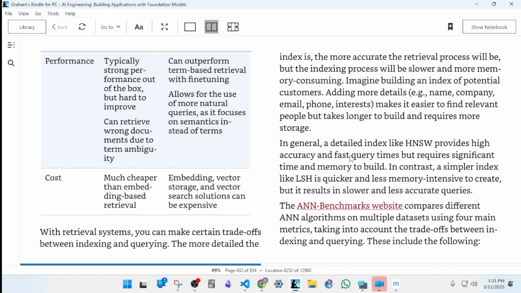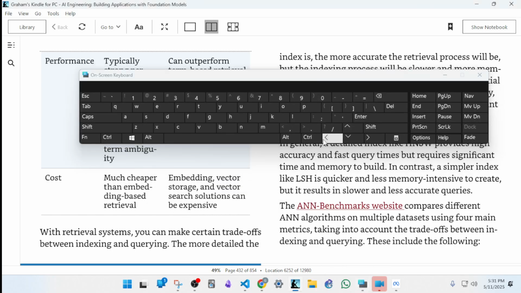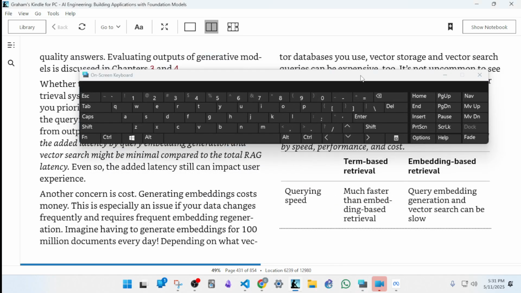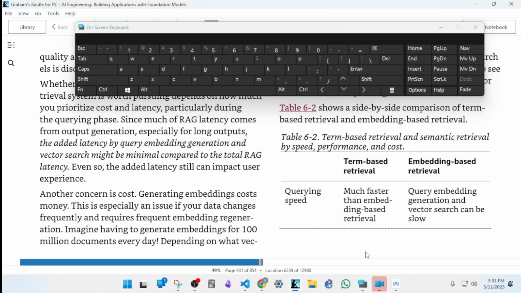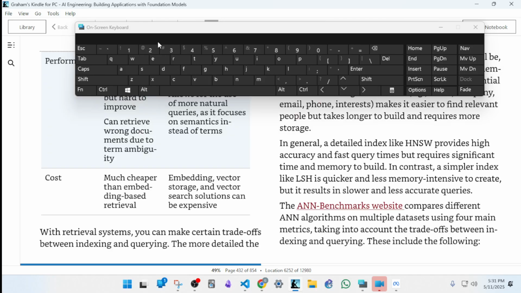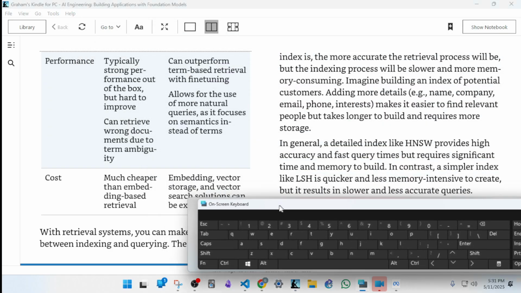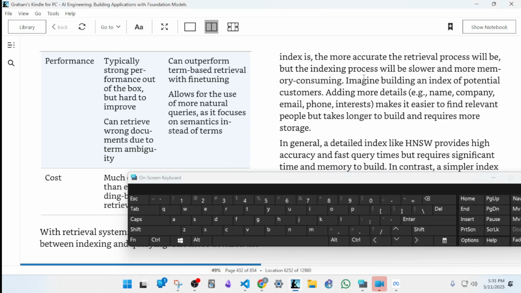The next factor to consider in deciding whether to go with term-based retrieval or embedding-based retrieval is performance. Term-based retrieval typically has strong performance out of the box, but is hard to improve. It can retrieve wrong documents due to term ambiguity.